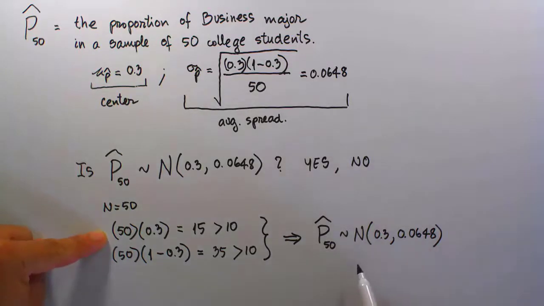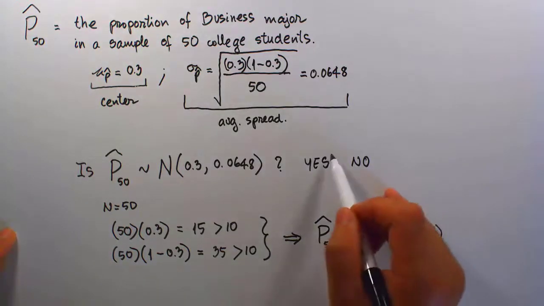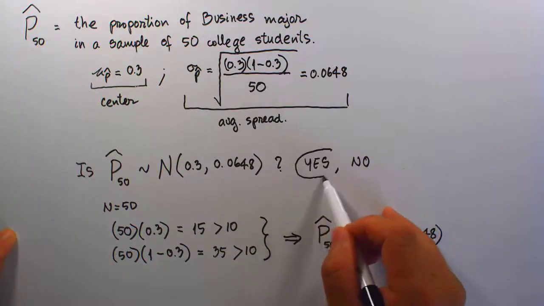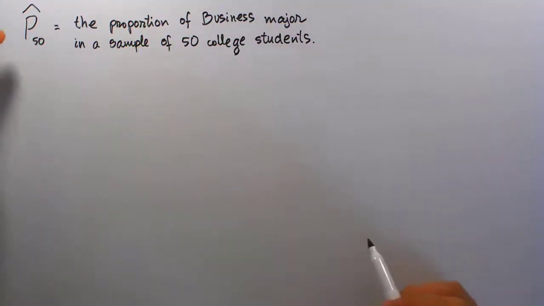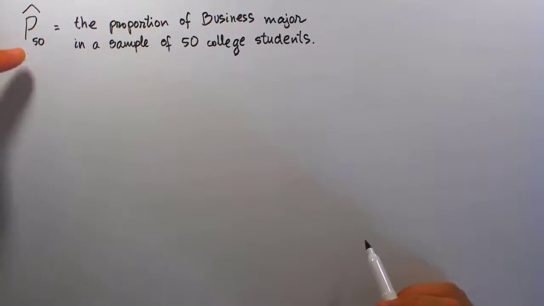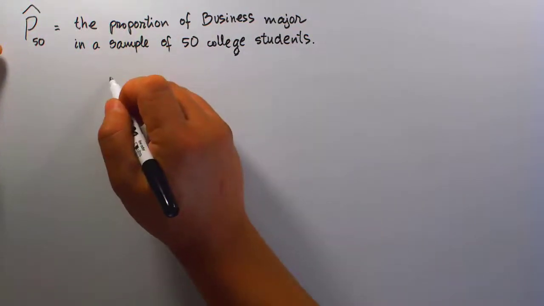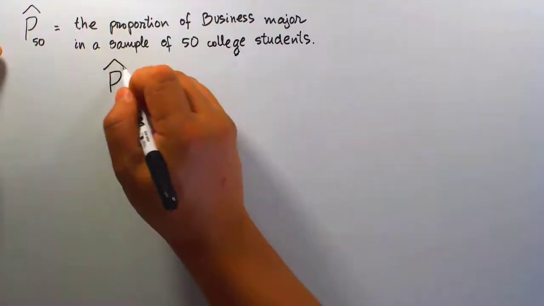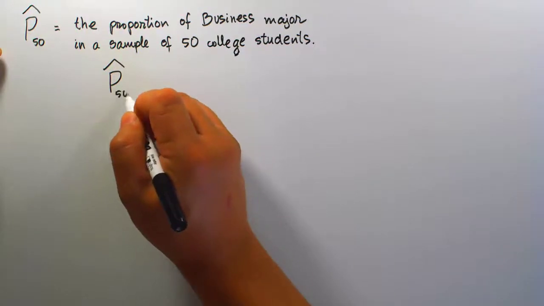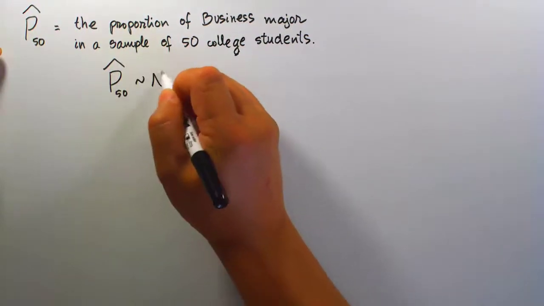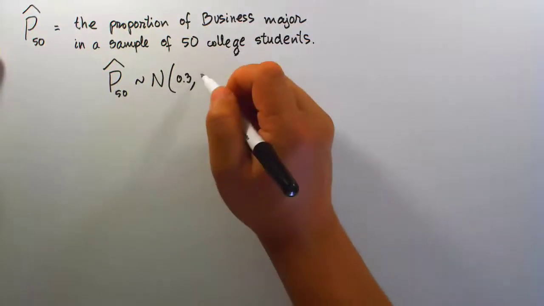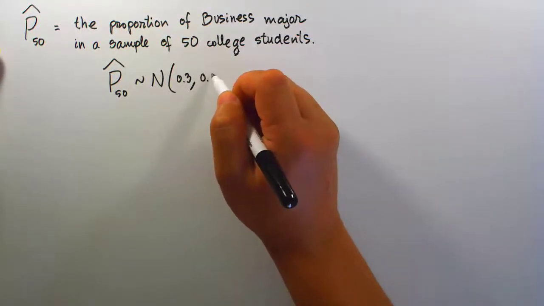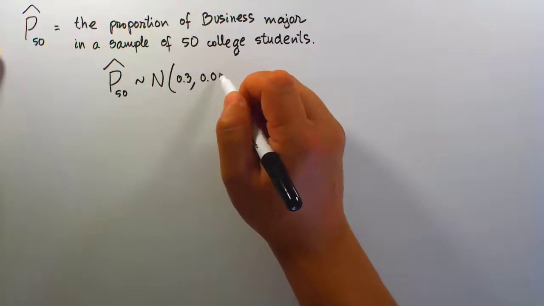Based on this reasoning, our answer is a yes. All right, so now our sampling distribution, capital P hat 50, is known to be on a bell curve with center 0.3 and standard deviation 0.0648.